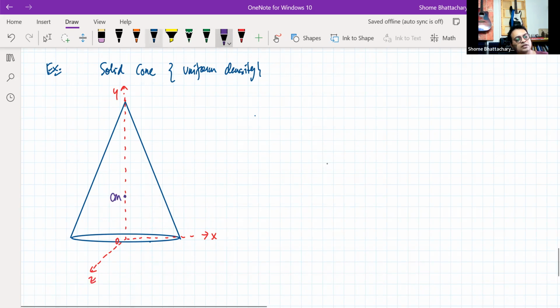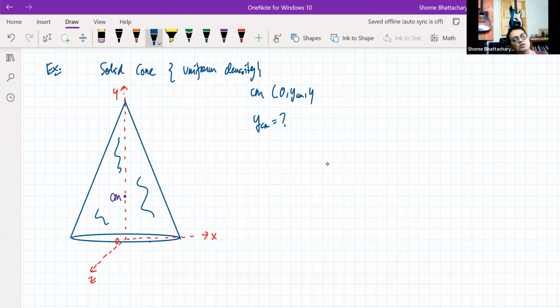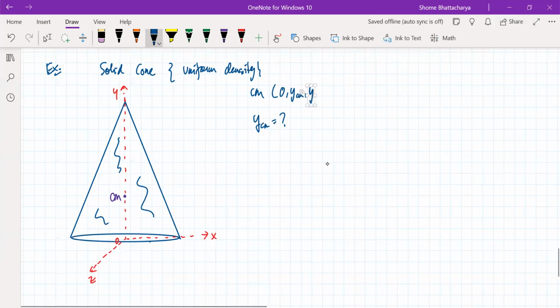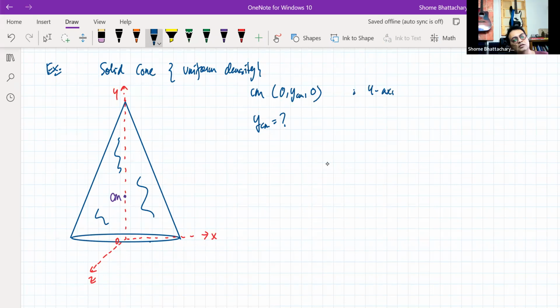So it's all about finding the y coordinate of the center of mass. So y_cm we have to figure out, because the center of mass will lie at (0, y_cm, 0). Again, we have taken the y-axis as the symmetry axis, and the origin as the center of the disk of the base.